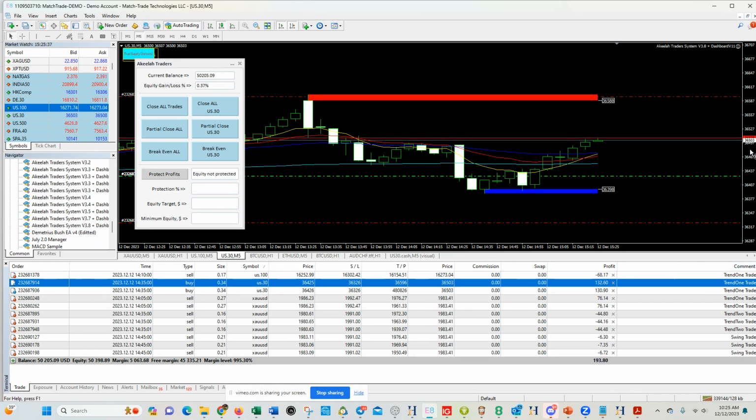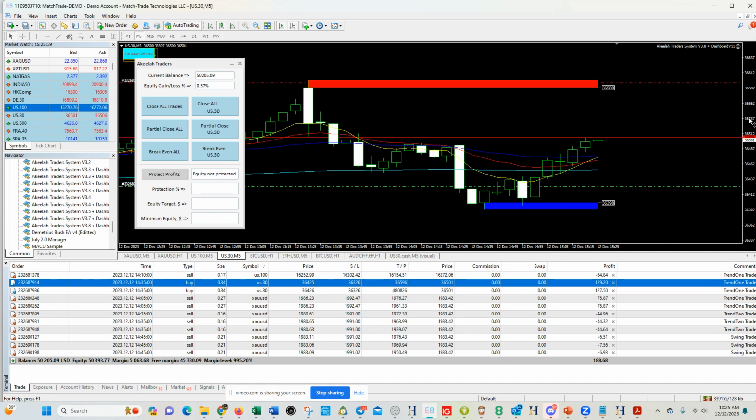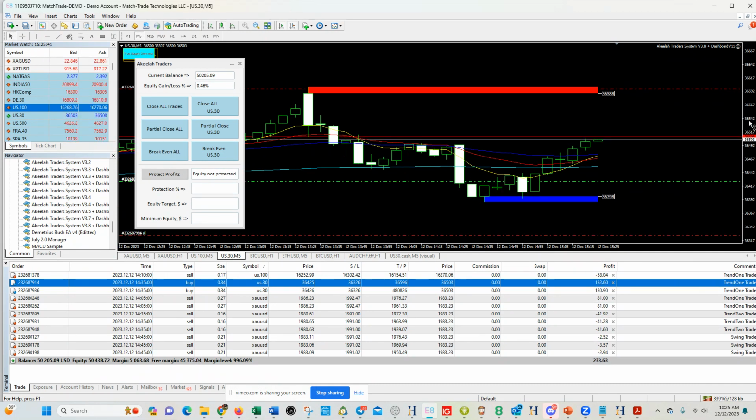In this mode, I'm pretty sure my TPs are going to move. It should move right after this, if I have that mode turned on. Okay, so we did hit that first profit target there.